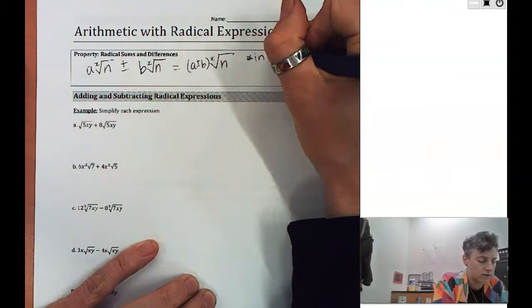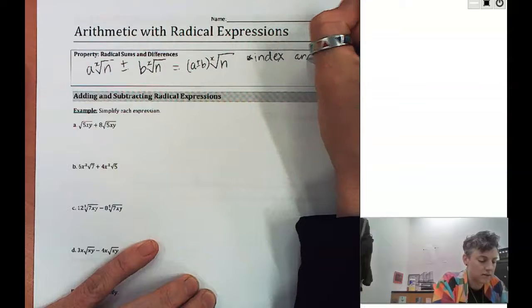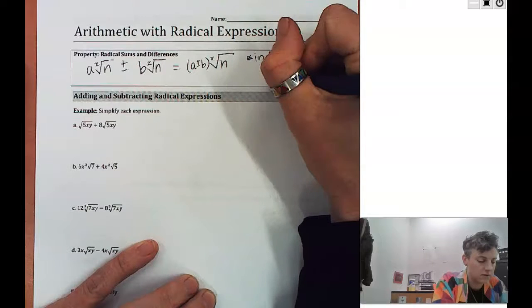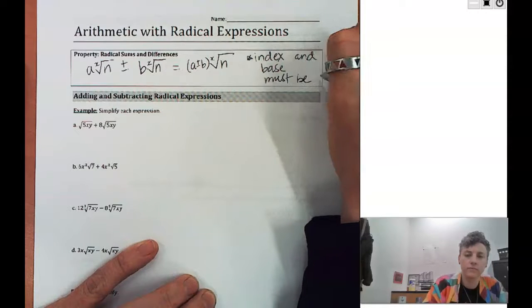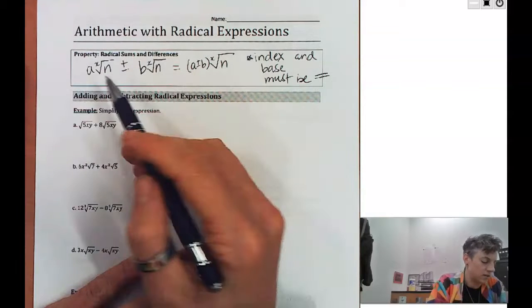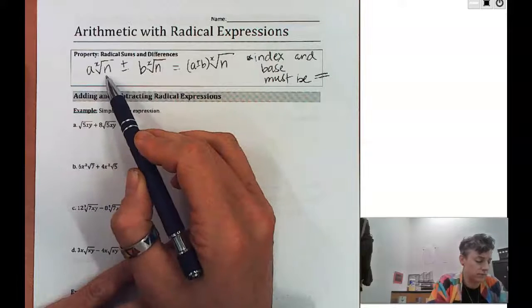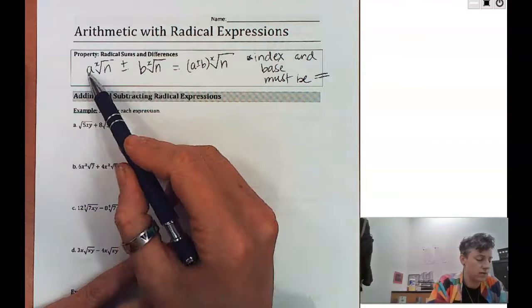Index and base must be equal. So they could both be square roots of the same number, and you can add or subtract the number in front of them.